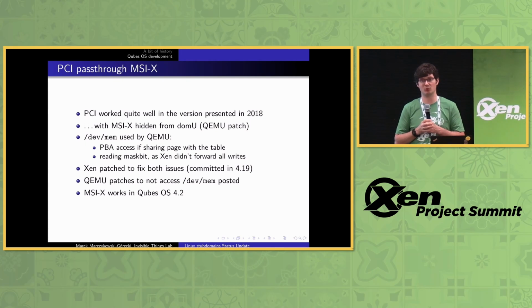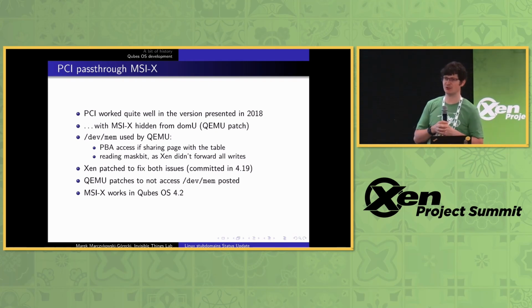Generally, PCI passthrough worked quite well with stubdomain. We needed a few changes for config-space access because the stubdomain also has the PCI device attached using PCI frontend-backend. This is used by QEMU for config-space access.